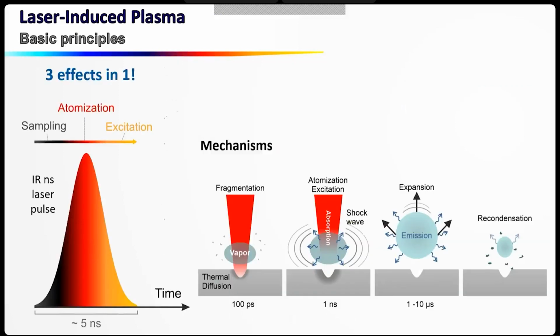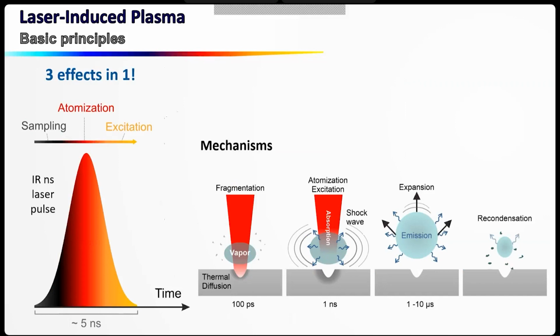And there is something very magic with the LIBS technique and the capability of this approach to measure the elemental composition. It's like the shampoo that you can see in the advertisements: there are 3 effects in one. Your laser pulse has 3 effects. The first effect, it allows you to sample a part of the matter.